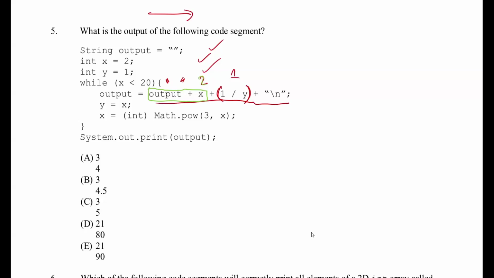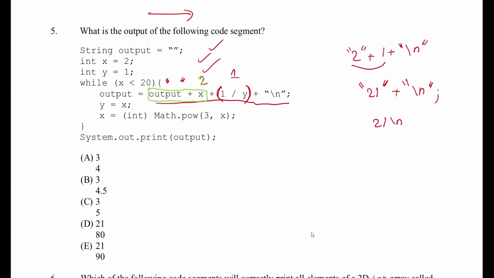So output is now 2, a string. Then we have plus 1, so we are concatenating here, and it is also put in the output. So now the output will be 2, 1, and then go to the next line.